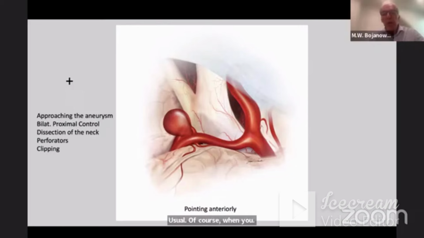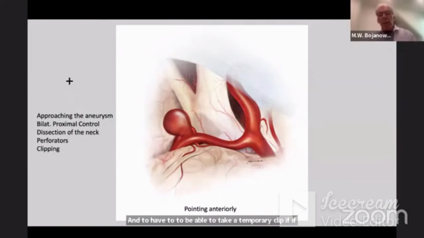Of course, when you deal with a ruptured aneurysm, you want to have access to the carotid and the proximal control as soon as possible. So you go right away if there is a significant subarachnoid hemorrhage. You want a large craniotomy, and you need only 2.5 millimeters, the distance between the base of the skull and the brain, just to have access to these vessels, and to be able to put a temporary clip if necessary.